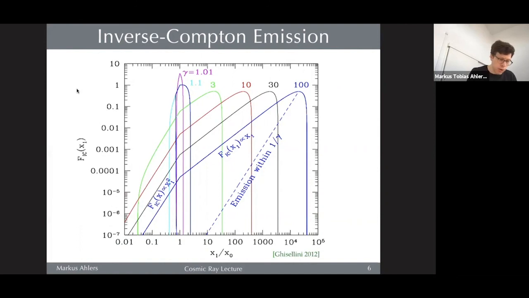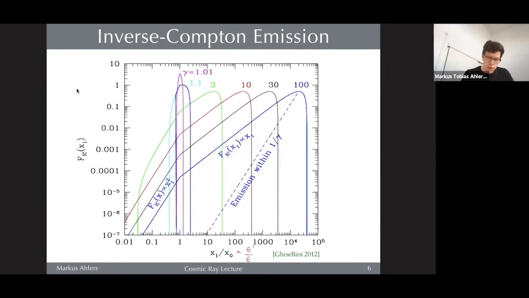So this expression that you see here at the bottom, it's not good to write white on white. Let's use some red. This expression is the outgoing photon energy compared to the incoming photon energy.